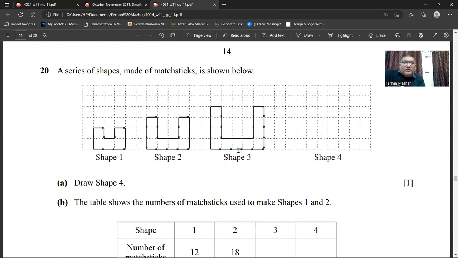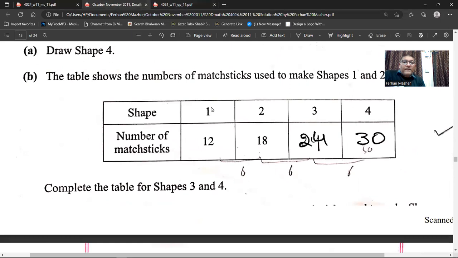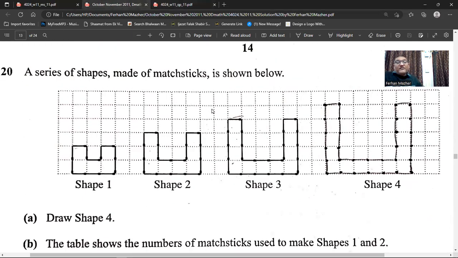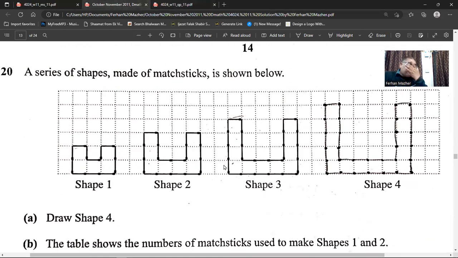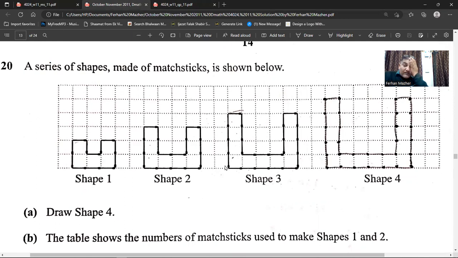One, two, three, 4, 5, 6, 7, 8, 9, 10, 11, 12, 13, 15, 16, 17, 18, 19, 20, 21, I think 22. So when you count them, I think they are 24. And in shape number 4, they are 30. I have already counted them. So they are 24 and 30.